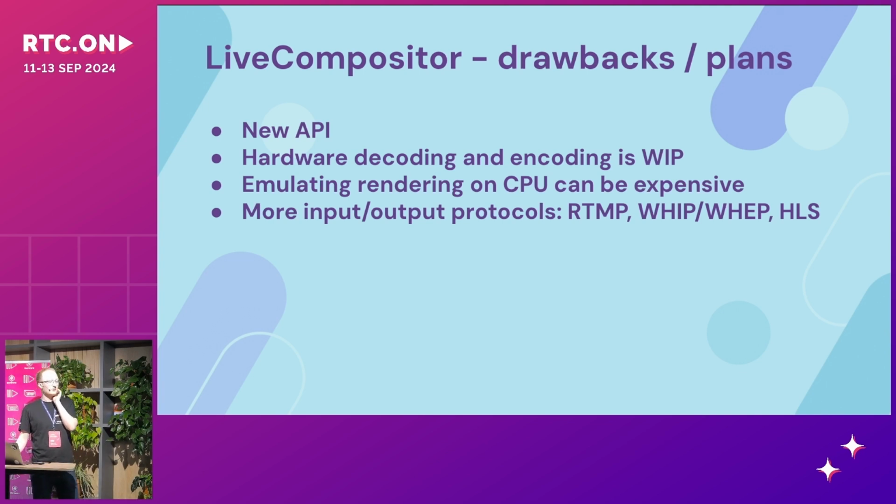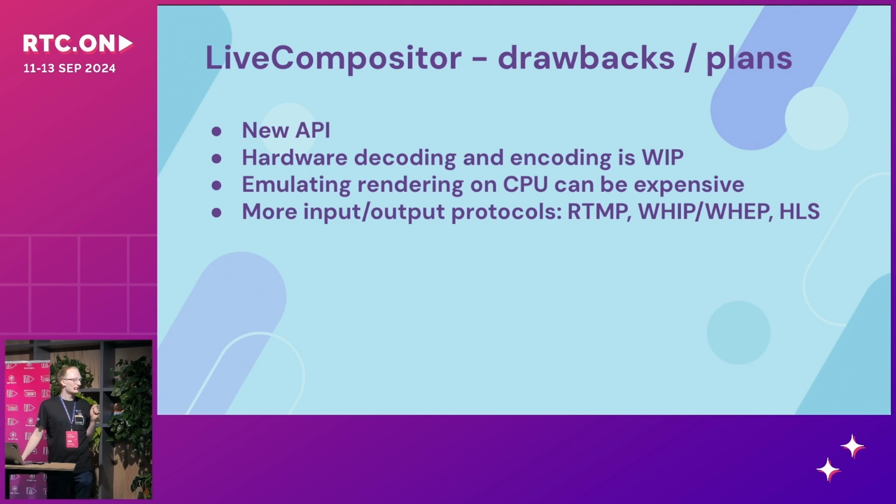Because currently, if you're running on the GPU, most of the work is actually decoding the input streams and encoding output streams. The rendering itself isn't that bad. Also, emulating rendering on CPU can be expensive. If you have a device without a GPU, it might be the most expensive part.